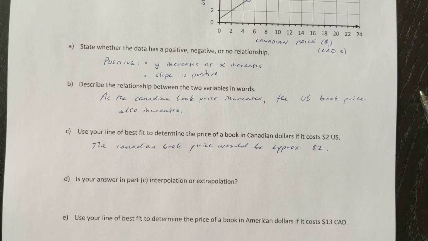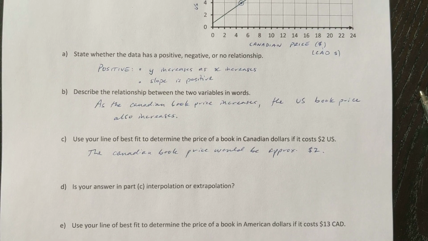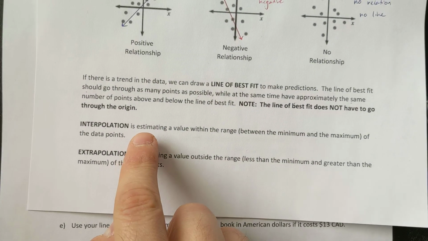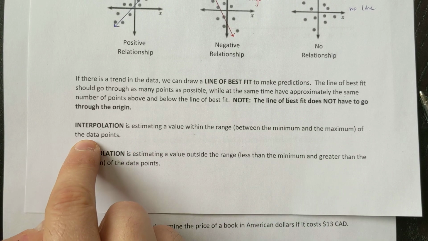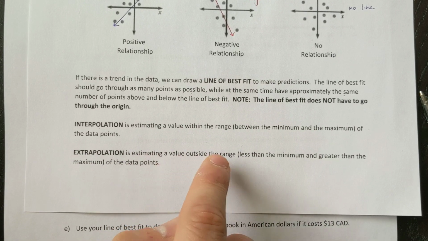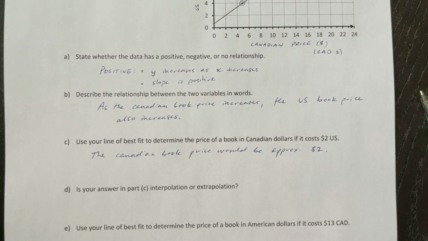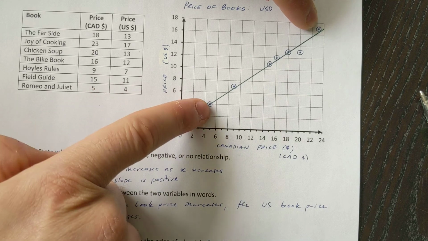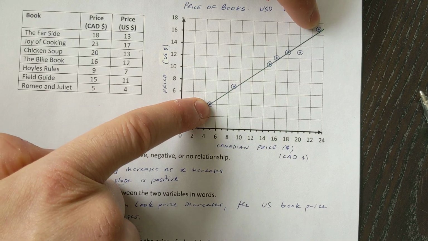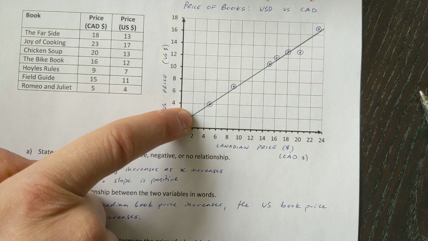Now, is your answer in part C interpolation or extrapolation? So, let's review. Interpolation: did I estimate a value within the range of data, or did I estimate a value outside the range of data? So this is your range of data from here to here, and the point was over here.